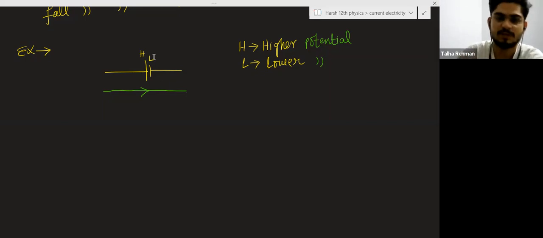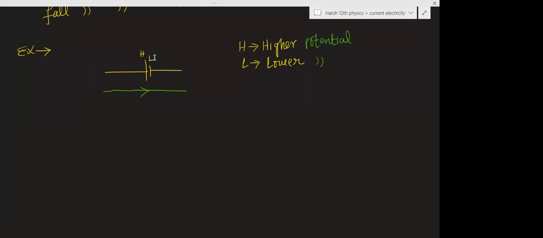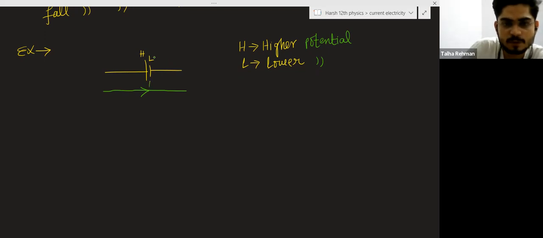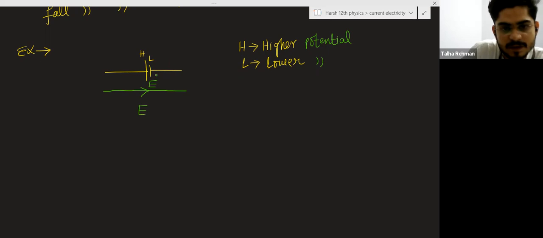So if this is the EMF of this cell, then you will take this E as negative.